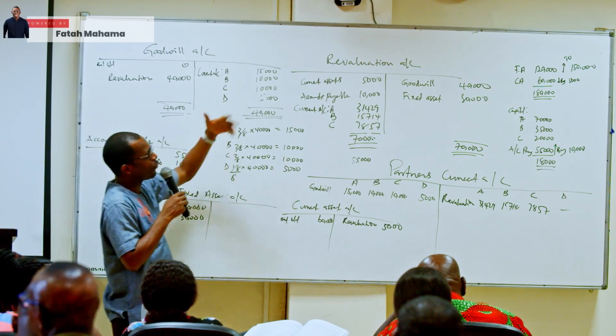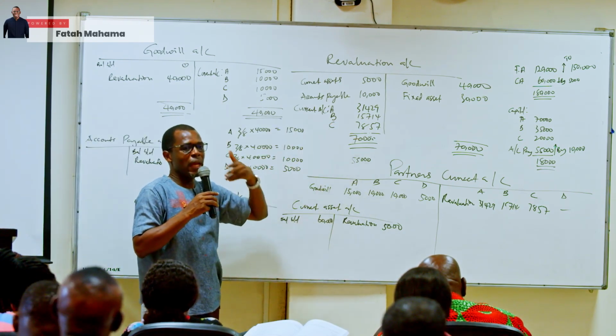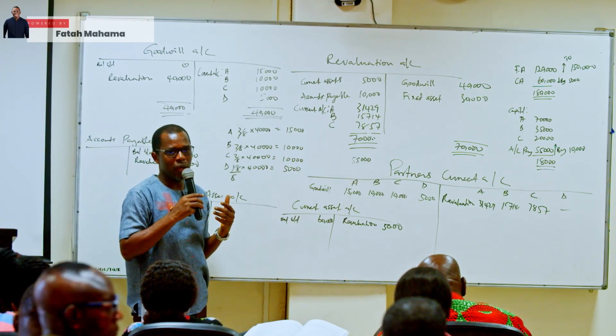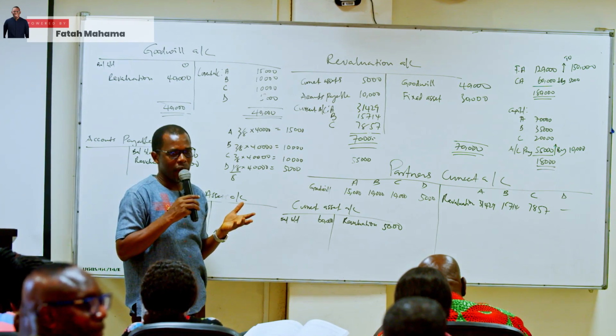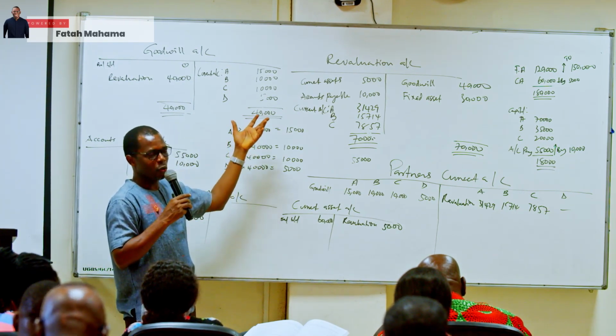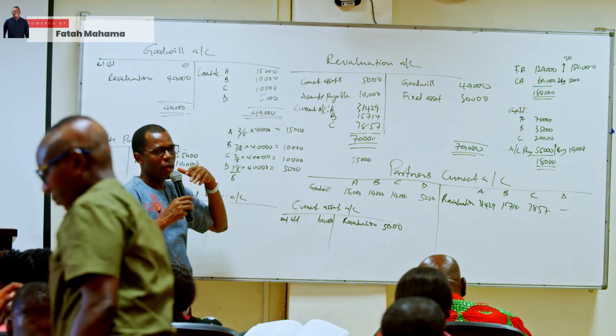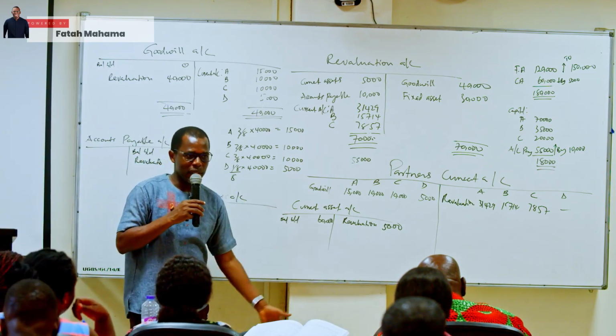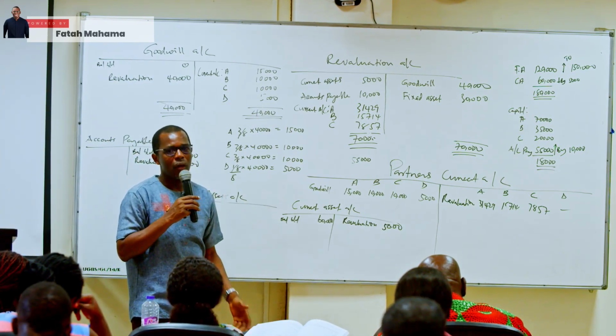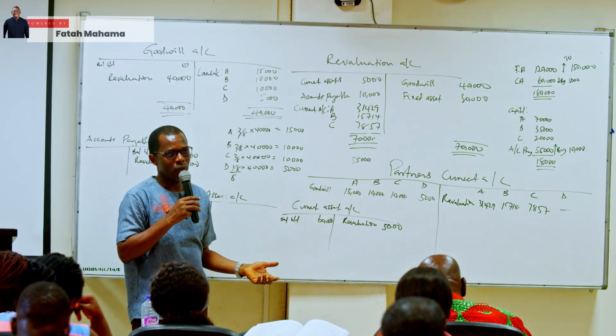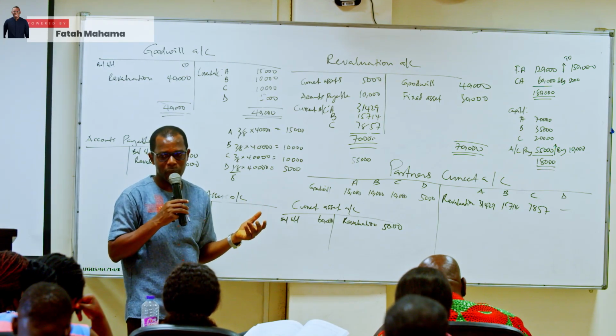Remember, the whole point of the revaluation is to enable us to admit the new partner. So once we have brought goodwill in the books, and we have successfully admitted a new partner, we have to write off the goodwill, just like we did in the first example.